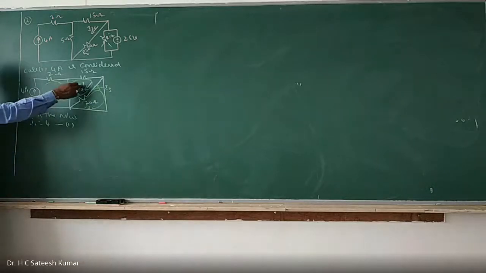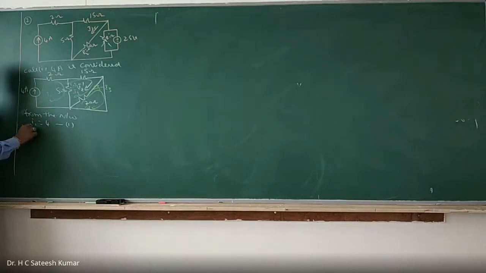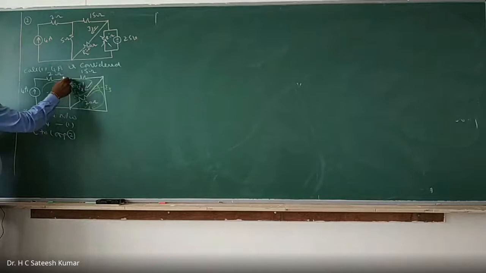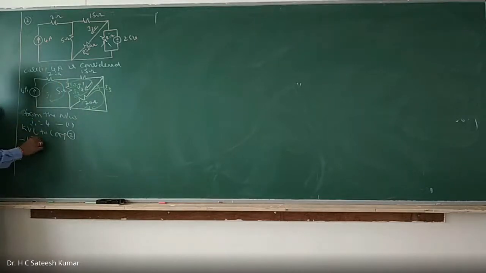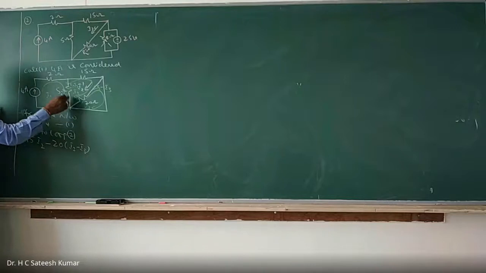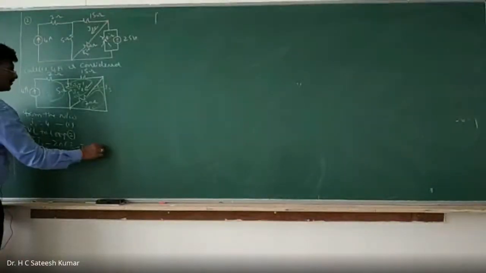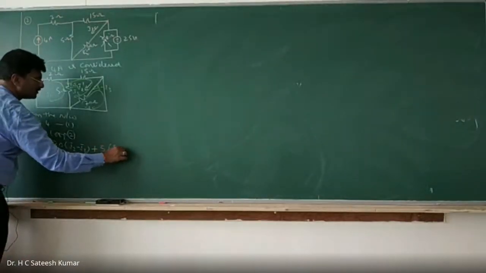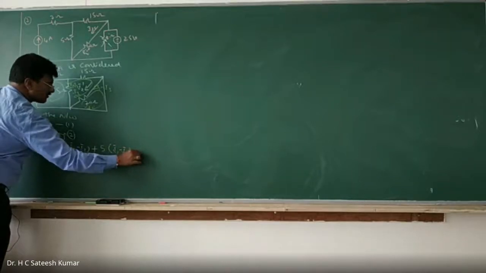Next, KVL to loop 2. If you apply KVL to loop 2, starting from this point: minus 15 I2, minus 20 into (I2 minus I3), plus 5 into (I1 minus I2) is equal to 0.